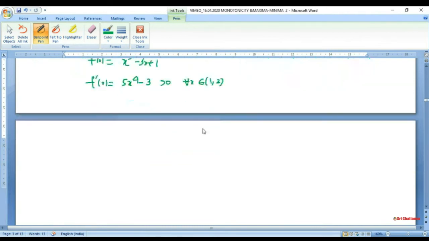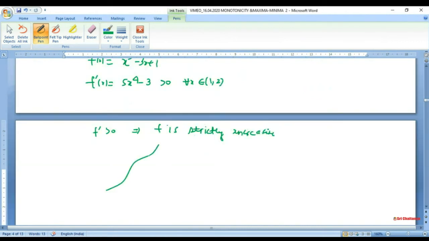So we can say that f prime is positive, which implies f is, as we did earlier by definition, strictly increasing. So if f is strictly increasing, f can take any value at most once. It either takes it or it does not.